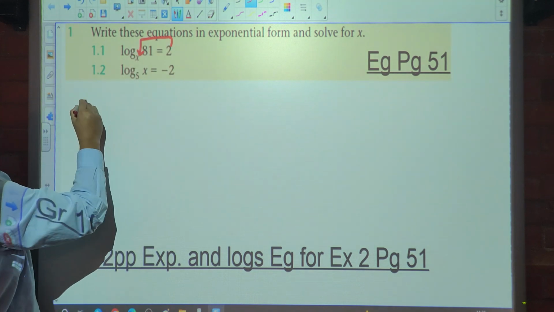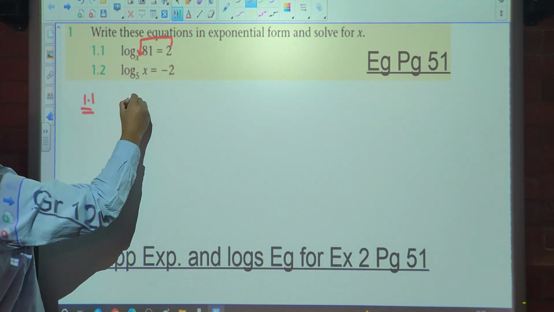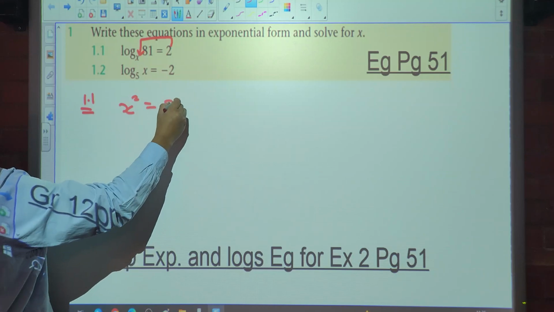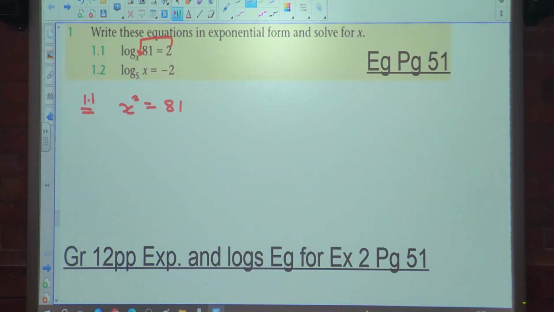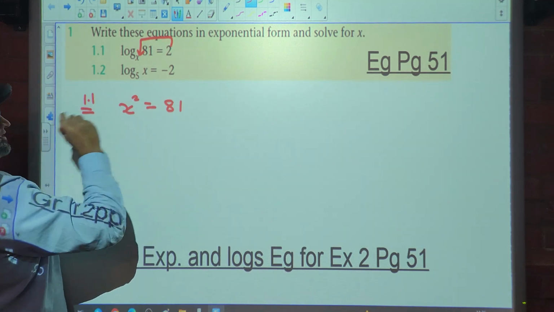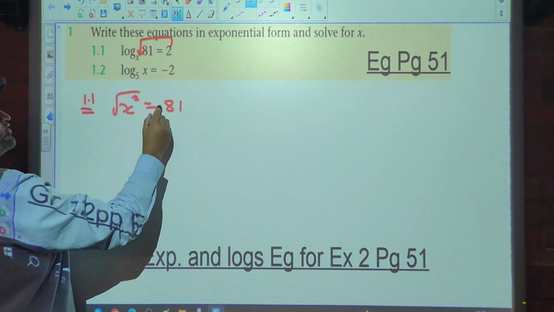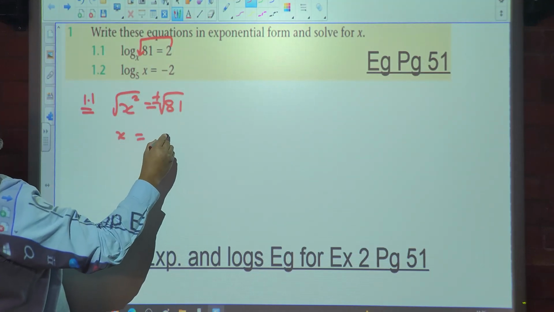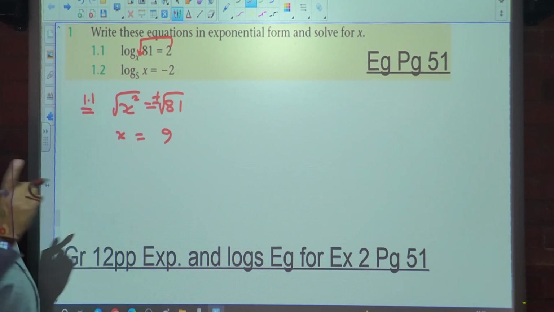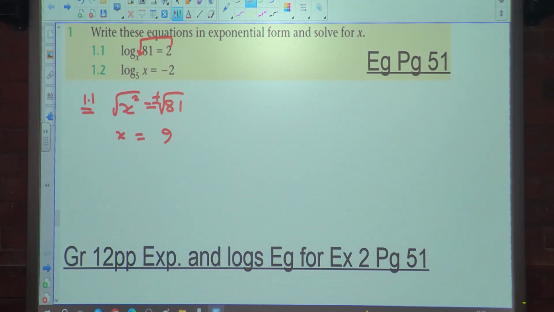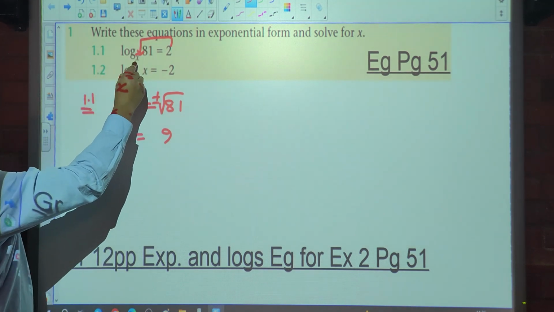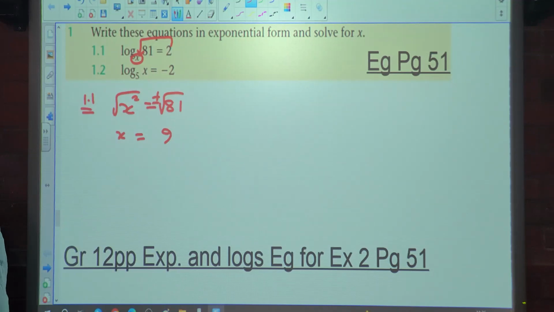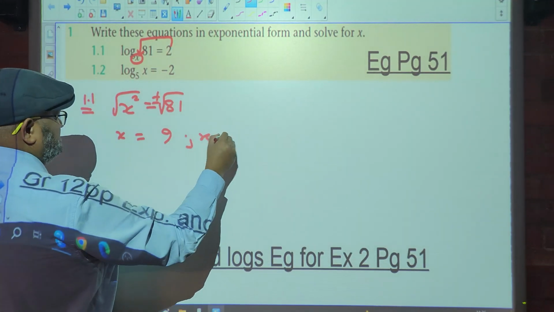So in other words, that would simply be x squared is equal to 81. So let's solve for x. How do we get rid of the square? We must introduce a square root. What must I not forget? Plus minus. So x is equal to 9. Why can't it be plus and minus? Because from the definition we know that x must be positive, so x must be greater than 0.